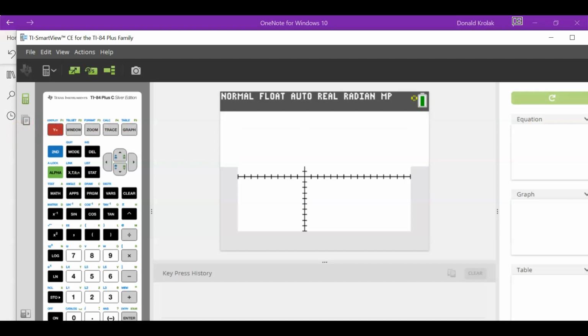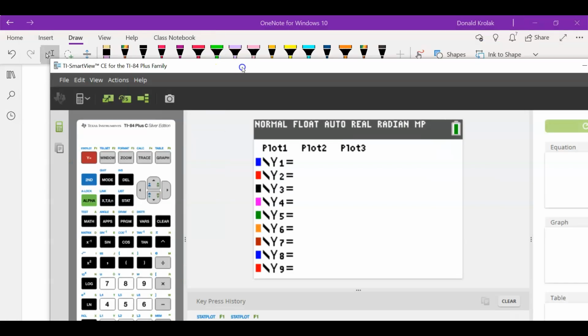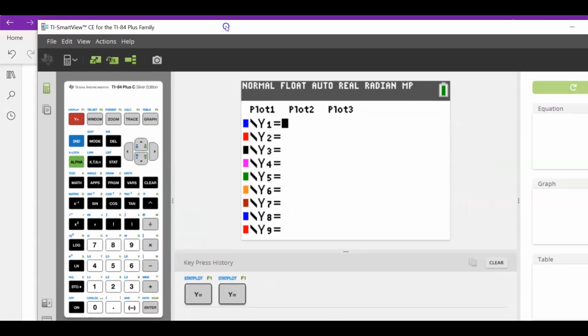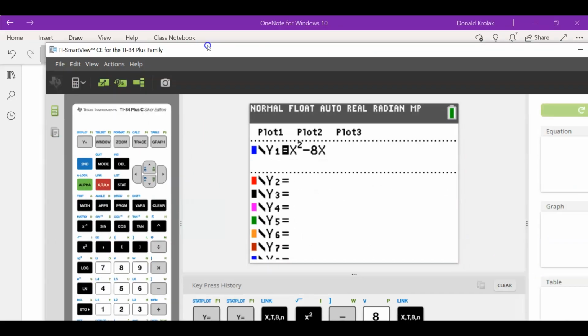So y equals, I'm going to type in two equations: x squared minus 8x plus 16, and 10. x squared minus 8x plus 16.